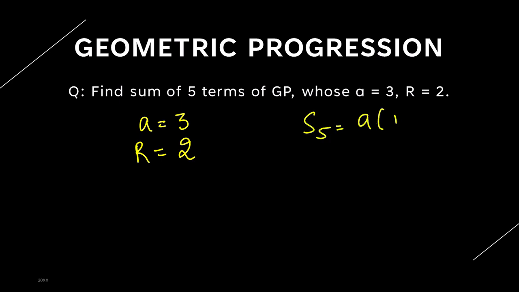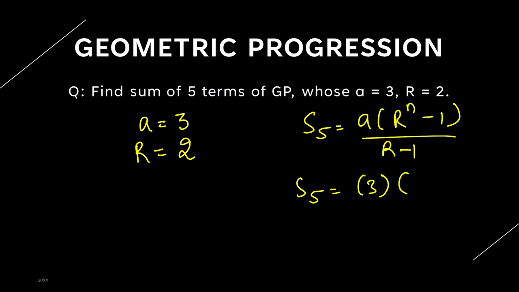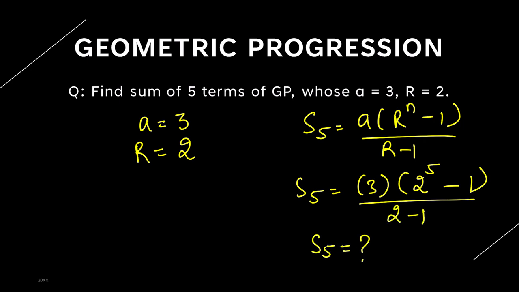The sum of 5 terms is a into r raised to n minus 1 upon r minus 1, where a is 3, r is 2, n is 5: 3 into 2 raised to 5 minus 1 upon 2 minus 1. You can do the calculation here, you will get some value and that is the answer. Now, if they ask you what is the sum of infinite terms of this series, since r is not less than 1, meaning r is greater than 1, the sum of infinite terms is going to be infinite only.